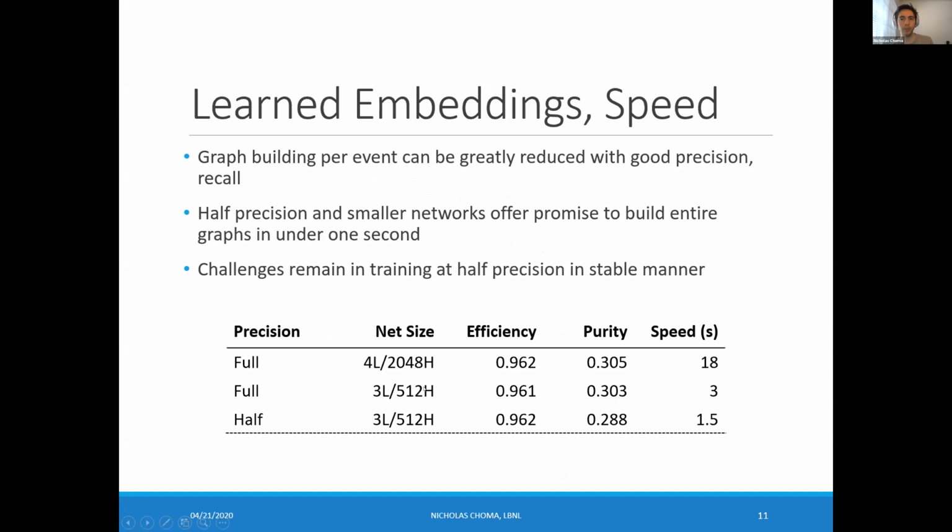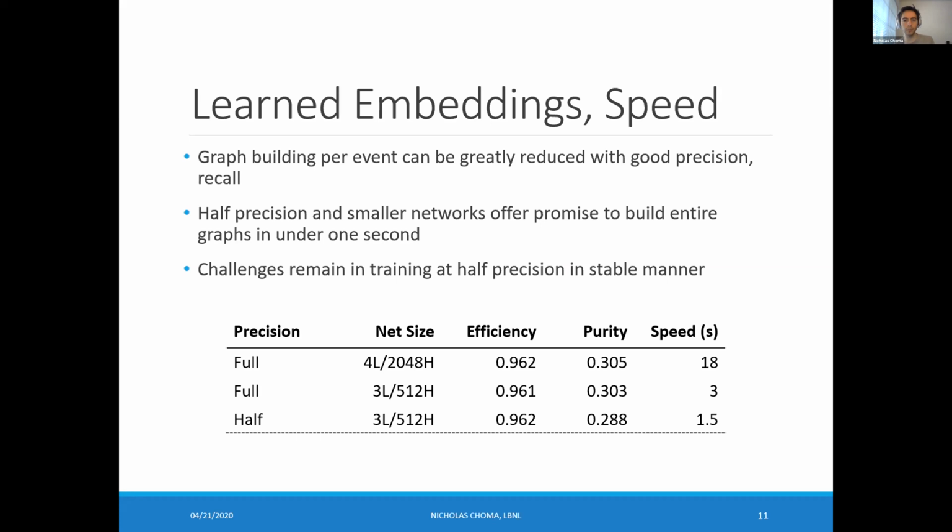Talking a little bit about speed, the results shown on the previous page are with full precision, using an MLP for each stage of about 3 layers and 512 hidden units in each layer. We can actually do quite a bit better than this going to half precision. We can get almost a perfect 2x speed up so that the graph building procedure on the whole takes about 1.5 seconds.